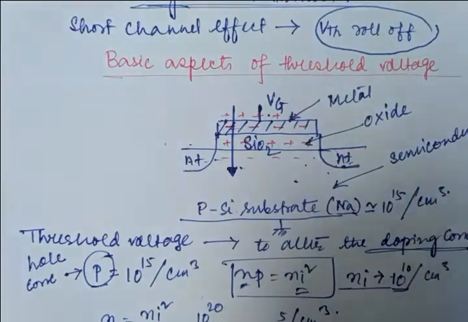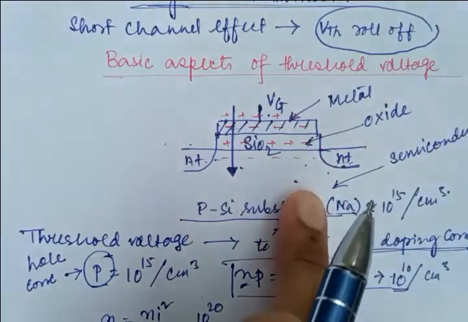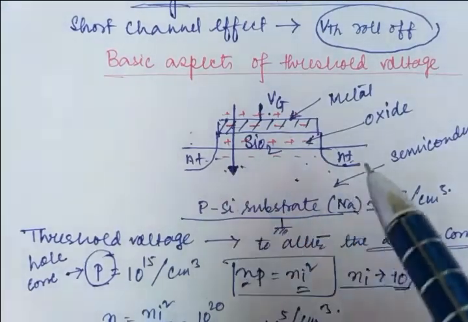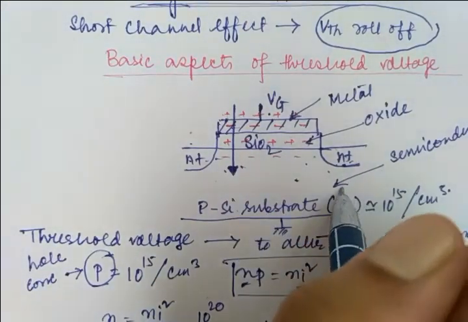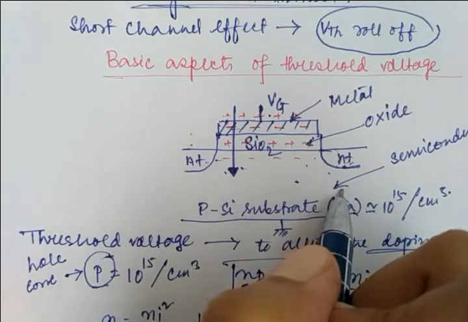We define the inversion voltage such that this is VTH, and the electron concentration at the surface should be equal to the hole concentration. But from our calculation it is 10 to the power 5, so this is a big challenge, right?